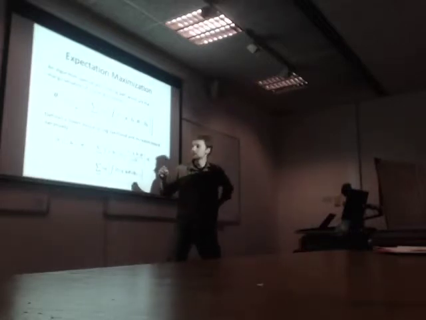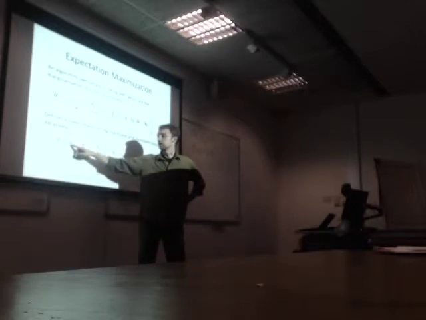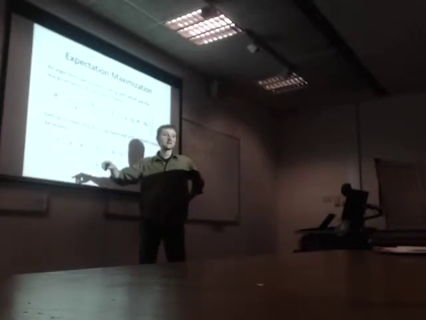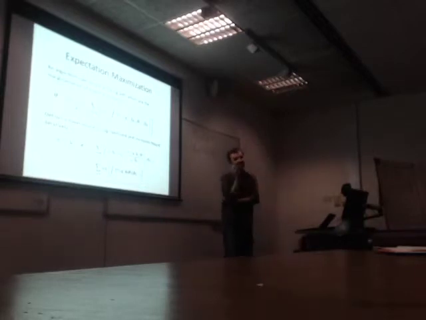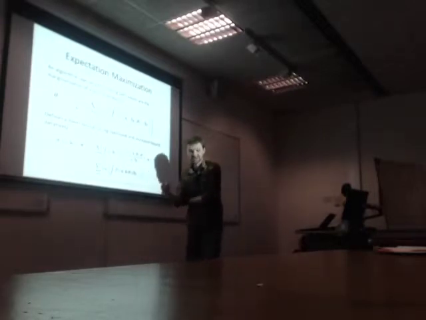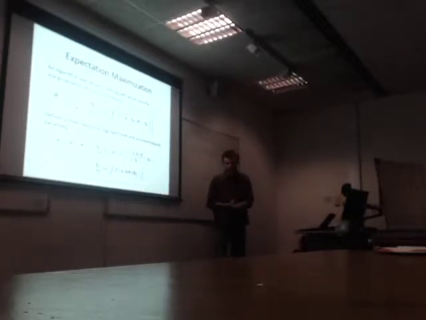Which is why we're going to have Q of H, because Q of H is saying there's actually a distribution. H is this hidden variable. I'm sorry I had to introduce a hidden variable, but you're supposed to see that it's very useful because it's going to allow us to have mixtures of Gaussians.